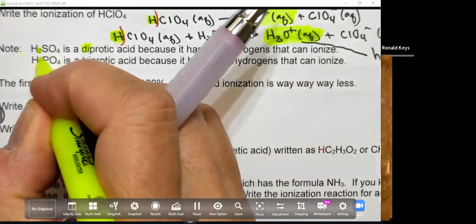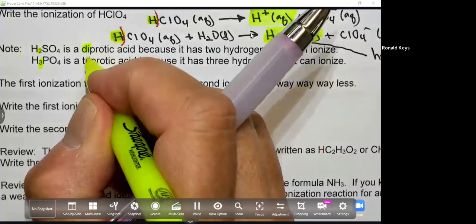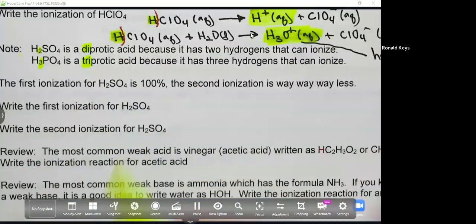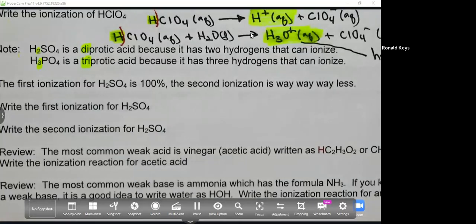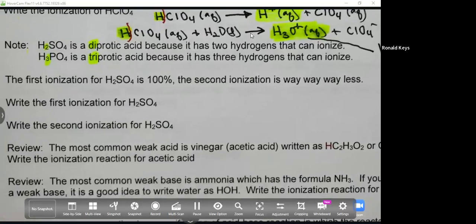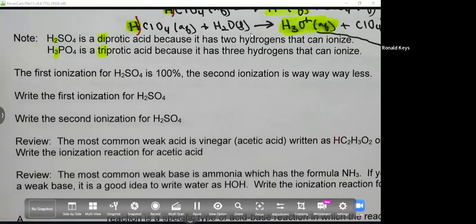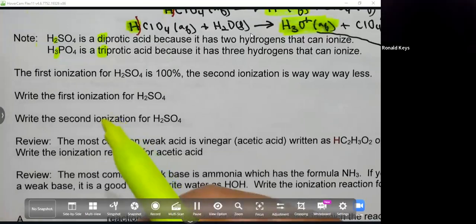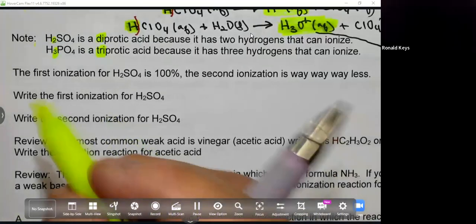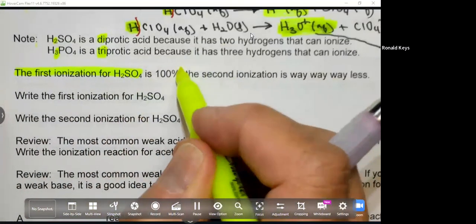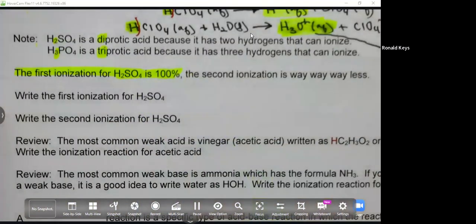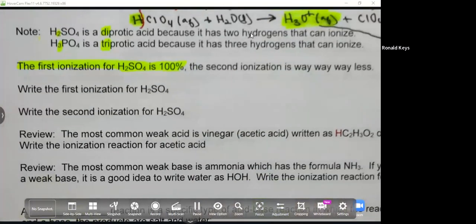Phosphoric acid technically would be called triprotic because it can have three hydrogens that can come off. The first ionization is 100%. Let's write that first.